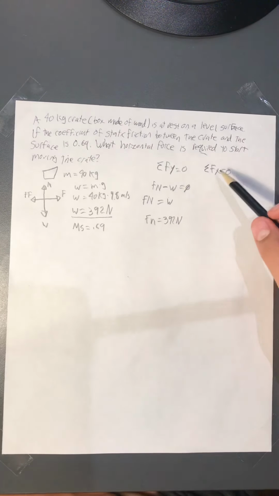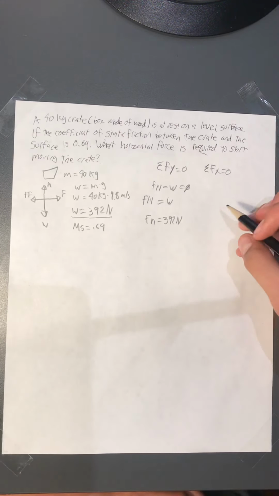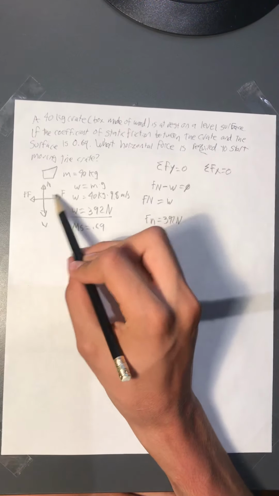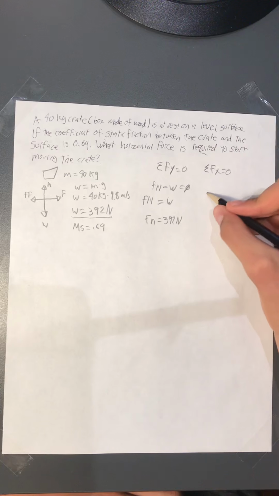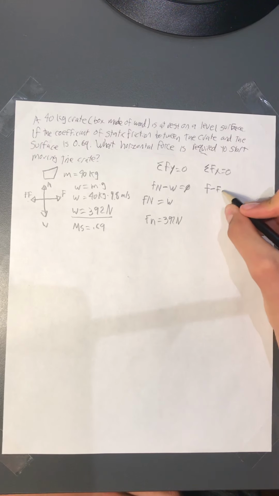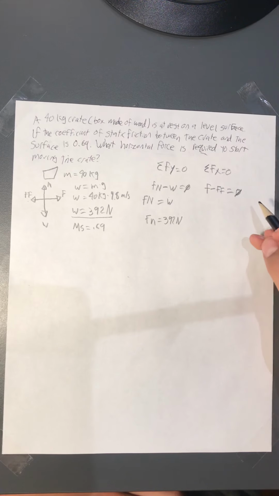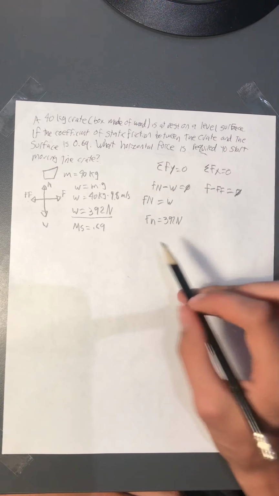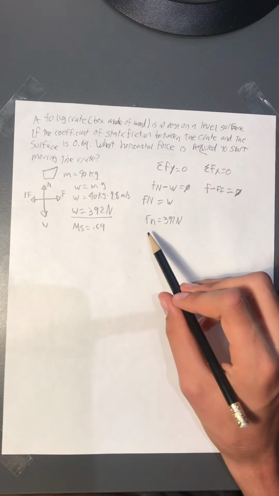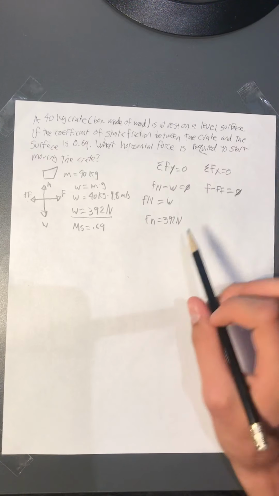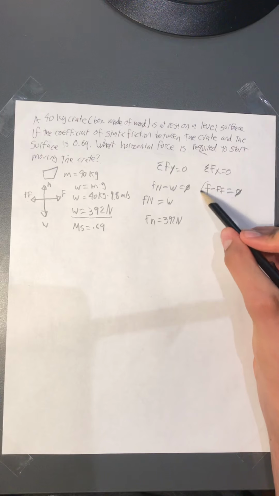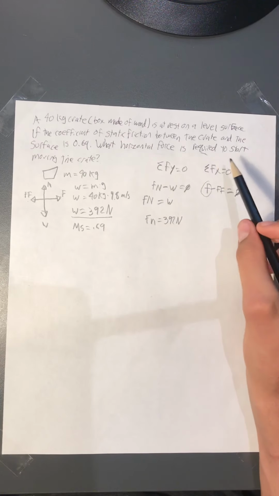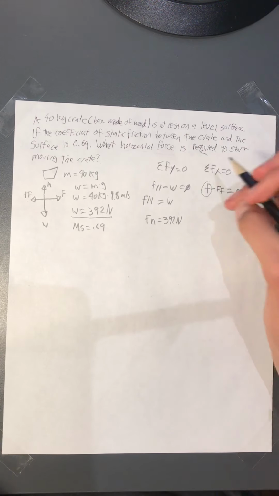In the case of force on x, it's going to be force minus the frictional force. This means force minus the frictional force is going to be 0. And the force is the data we want to get, because that's what the problem says: what force is required to start moving the crate.